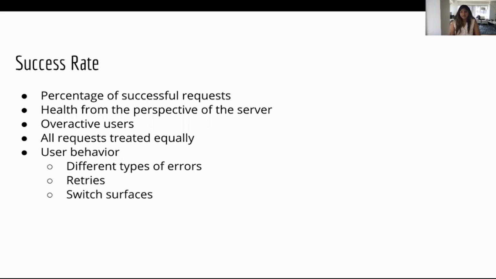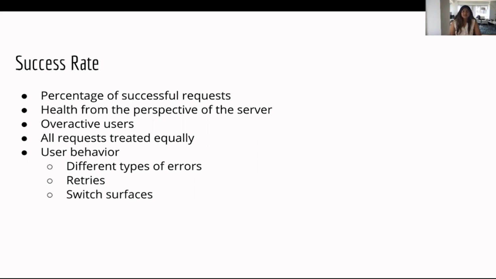So a little bit about success rate. Success rate is really simple. A lot of people use it. It's very easy to reason about and comprehend. Simply put, it's the percentage of successful requests. So it's a count-based metric, meaning we count the number of successful requests and divide by the total number of requests to the system, or responses, really.